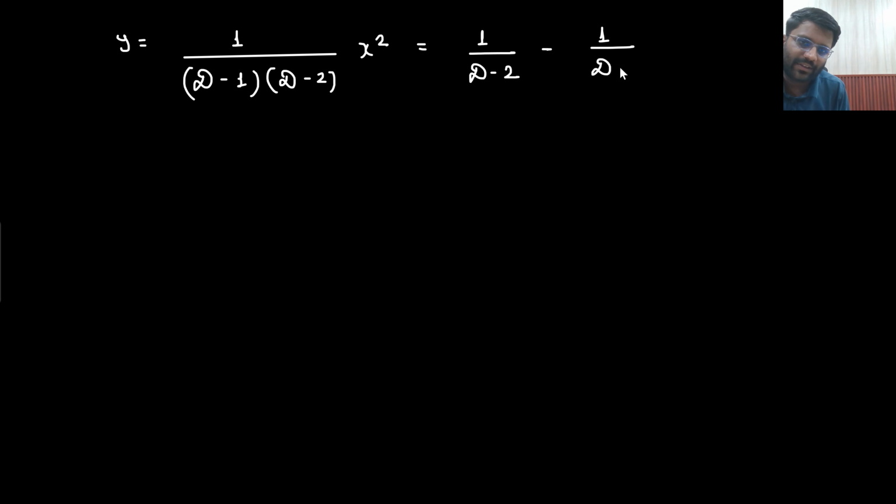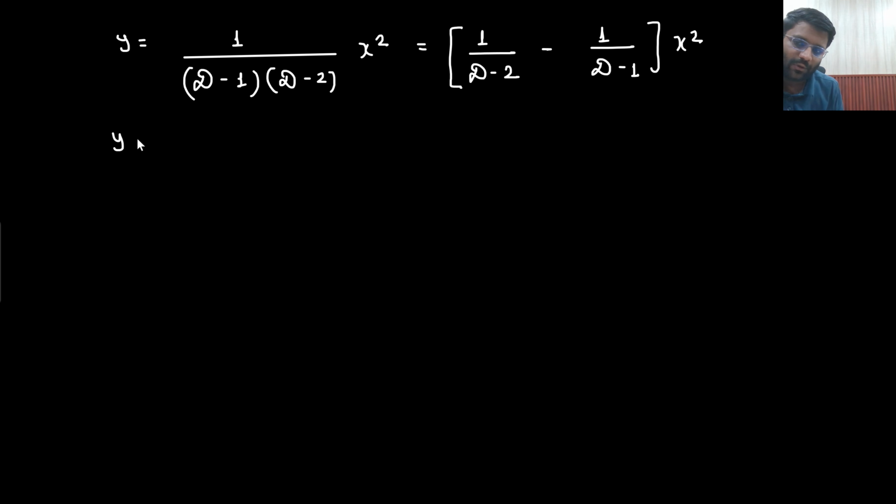Can I do the partial fraction? Do you know how to do the partial fraction? This is how you can do it. Say yes or no. Simple process. Till this point, nothing different we have done. Simply we are treating this d minus 1, d minus 2. I have done the partial fraction. Is the partial fraction correct? d minus 1 goes here, minus d plus 2. Yes, the partial fraction is done.